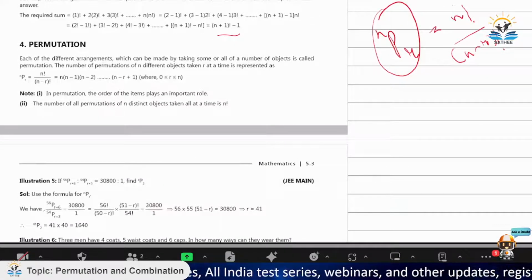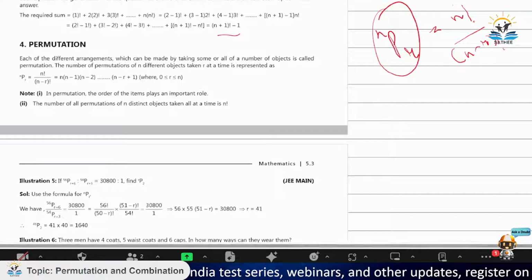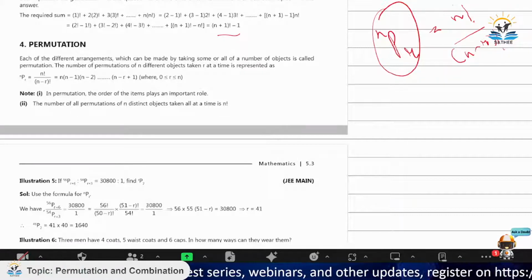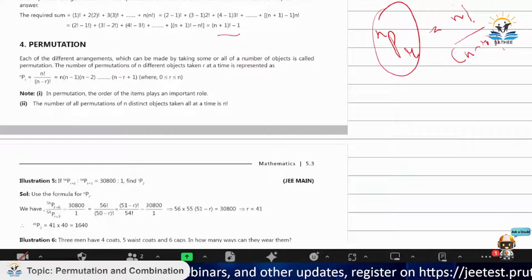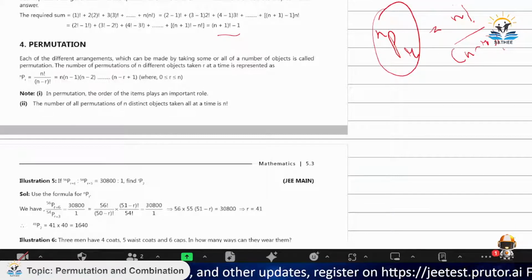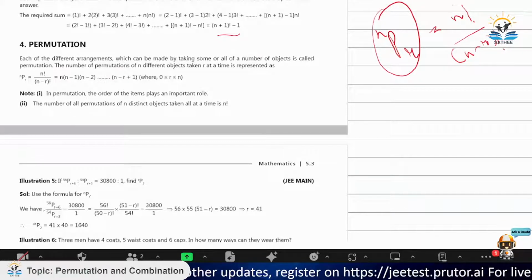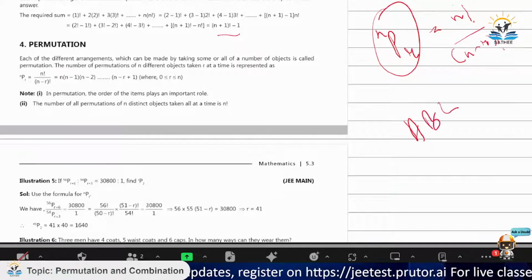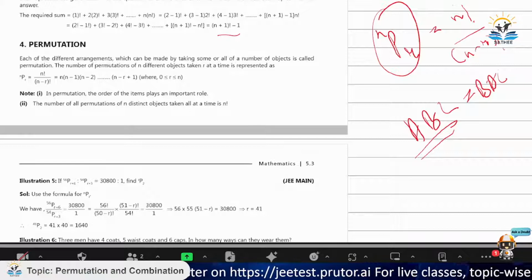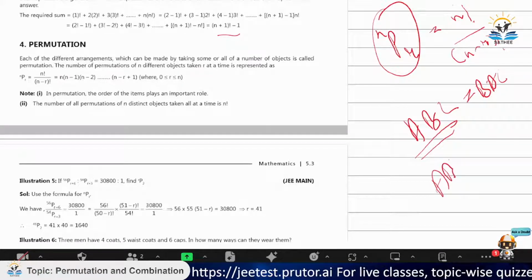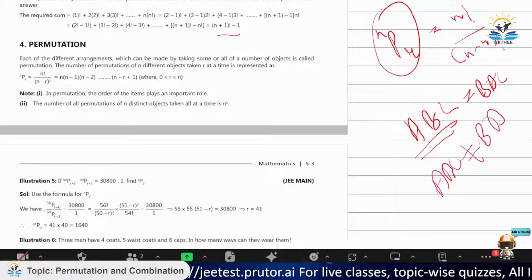So let's move on. In permutation, the order of items plays an important role. Yes, the order of items plays a very important role in permutation, but in the case of combination, it does not matter. For example, A, B, C is equal to B, A, C for combination, but A, B, C is not equal to B, A, C in case of permutation, right?